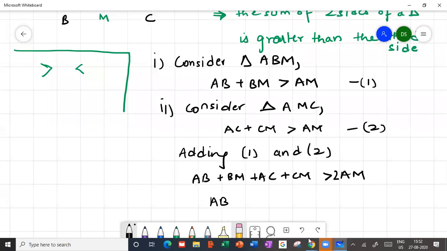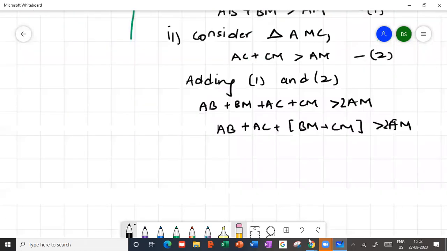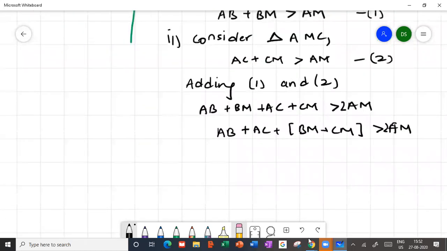AB plus AC plus, I'll write BM plus CM in the bracket. Like Raghav said, BM plus CM is BC. So AB plus AC plus BC is greater than 2 AM.